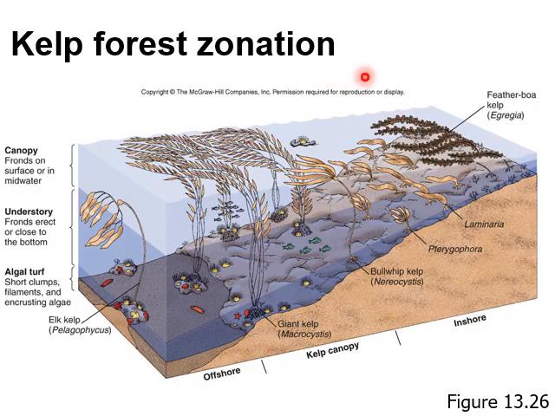So we've talked a lot about zonation in the intertidal zone. We talked a little bit about zonation in salt marshes as well. It turns out that there is zonation inside of kelp forests as well. So as you go from shallower to deeper, you tend to find different sets of kelp, right? So close to the intertidal area, you find feather boa kelp.